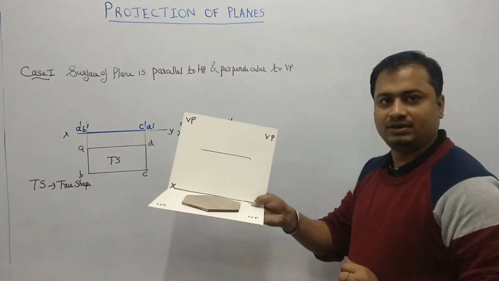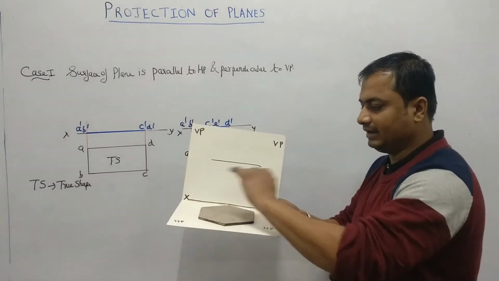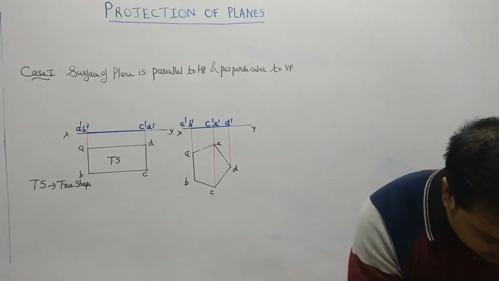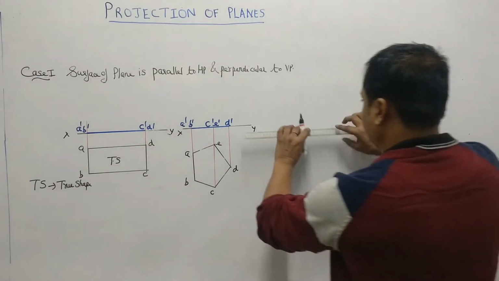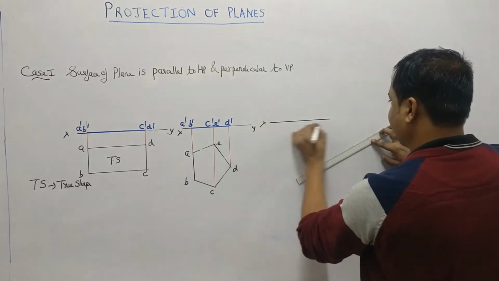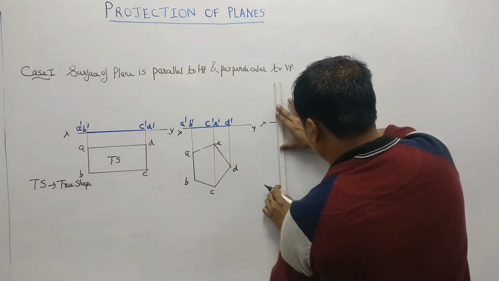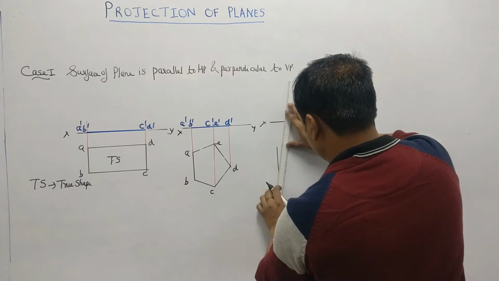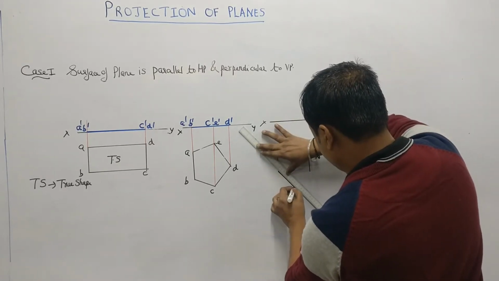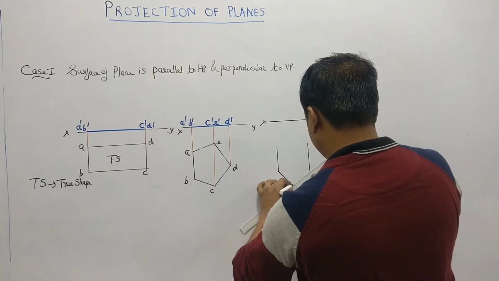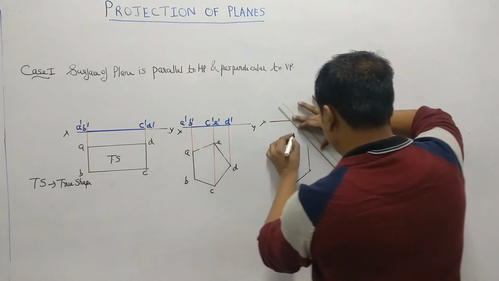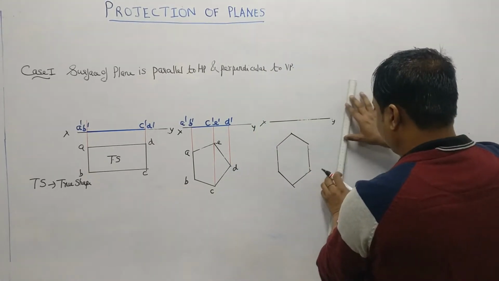So what is the front and top view here? Again, the front view will be a line on the XY and the top view will be a hexagon of true shape.